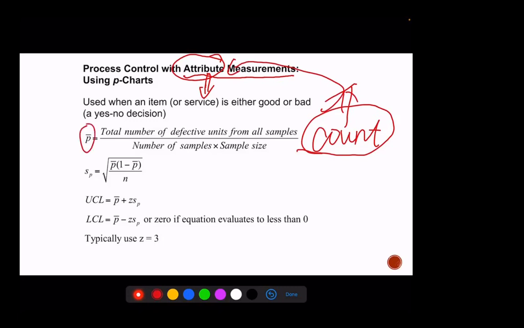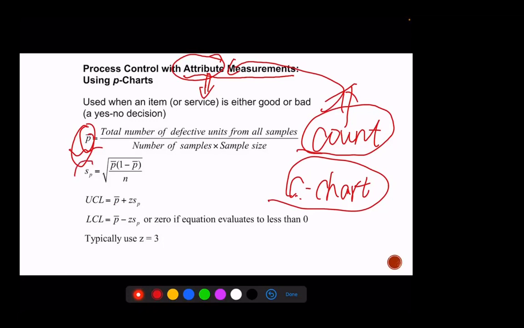And we have another one, it's called the C chart. But you don't need to focus on this one. You just focus on the P. So for the P, for any control chart, you need to first find 3 lines: the center line, upper line, and lower line. The center line is the average of the value you use. So for the attribute here, you just calculate the average of P, which is the average of the number of defects for all of the samples.